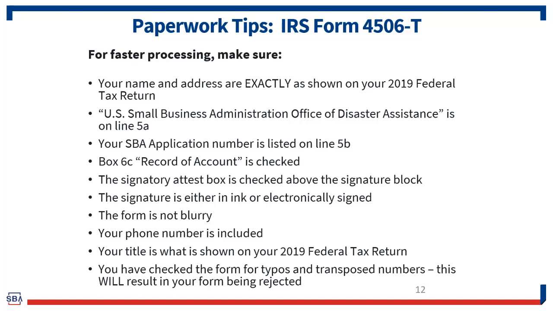Make sure your SBA application number is listed on line 5B. This is very important as well. Box 6C, the record of account, must be checked, just that box. You must check the signatory attest box, which is located right above your signature block at the bottom of the form. This has to be checked.